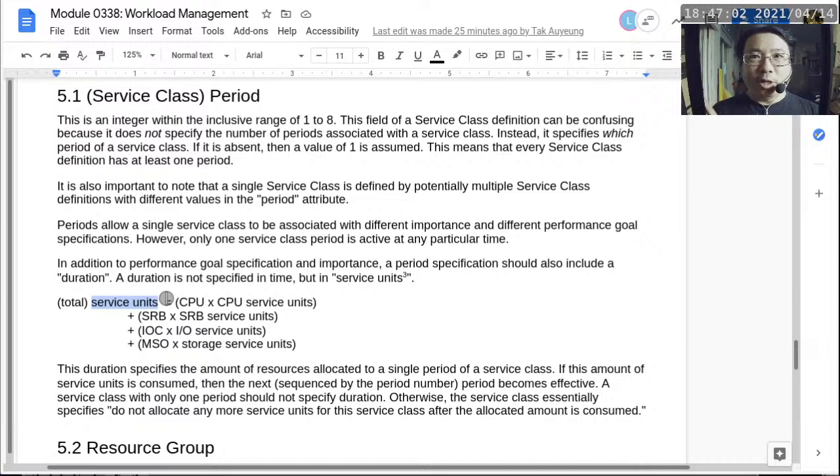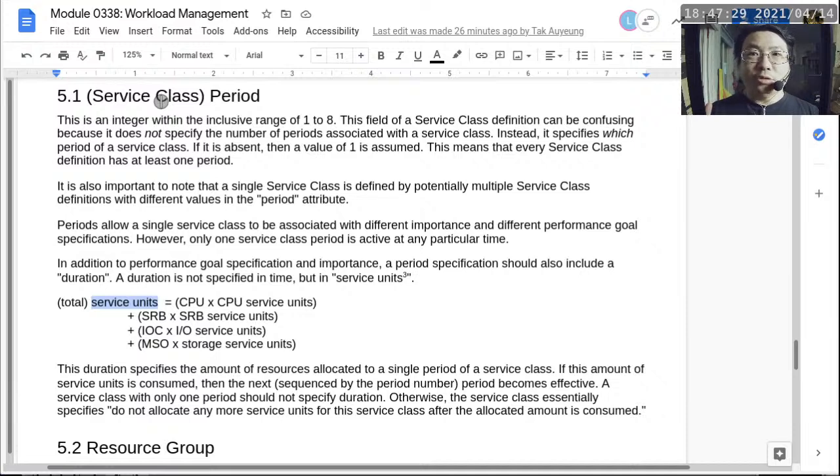Now, the funny part is the last one, the last of the 8 or potentially up to 8 service class periods, should not have a service unit specification. Because if it does, that means after all of the service units are used up for the same service class, the mainframe would just say, nope, we don't have anything left for this particular service class.